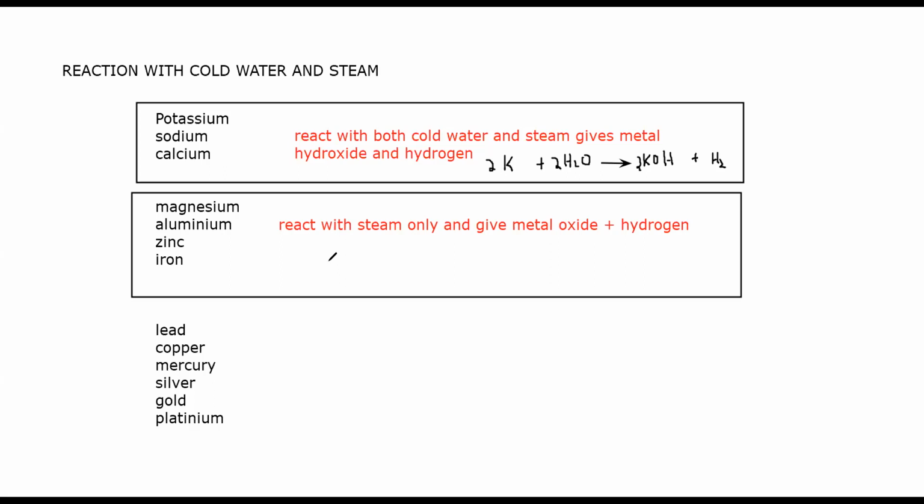So if I have magnesium and I react it with steam, the formula for steam is the same as the formula of water. But what will be the result? The result will not be magnesium hydroxide. It will be magnesium oxide plus hydrogen.